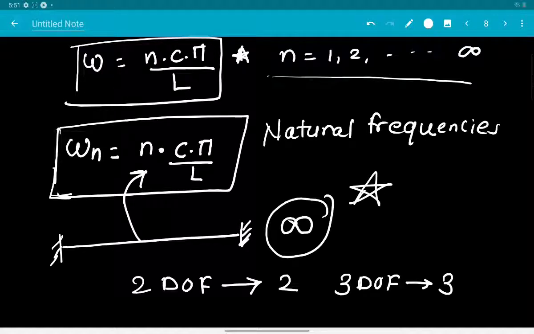Okay, so we should also get something called mode shapes in this case also, right? So let's try to see whether we can find that out. Let's see what is y that we have obtained, so that will be clear to you. y is b2 into sine of omega by c.